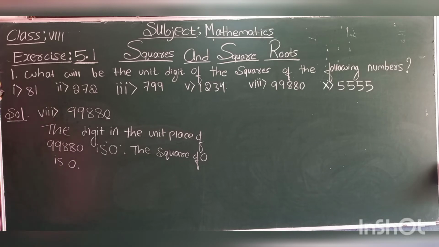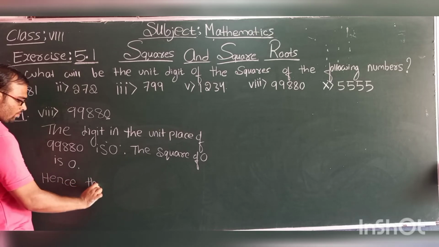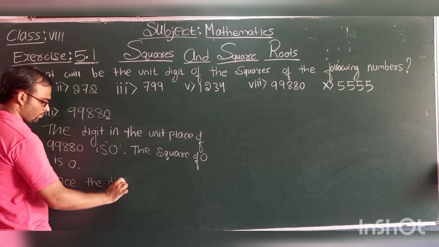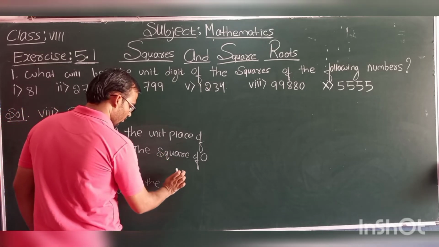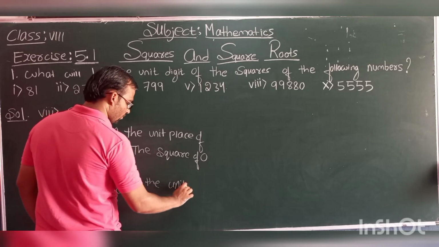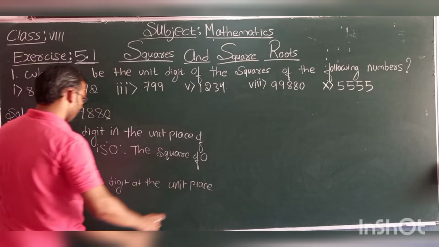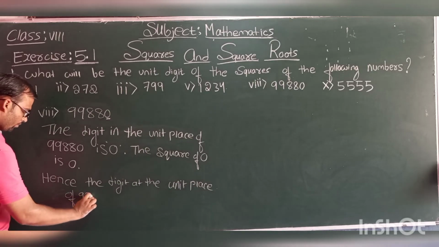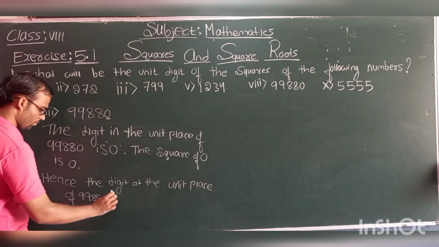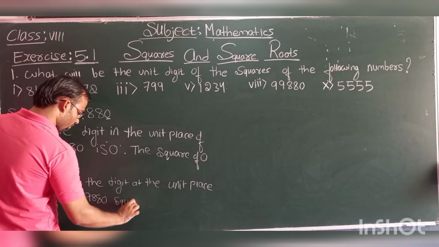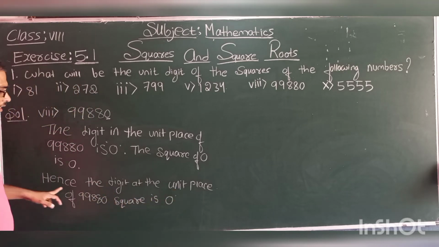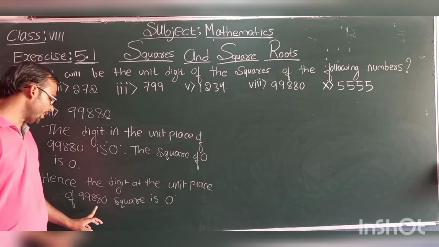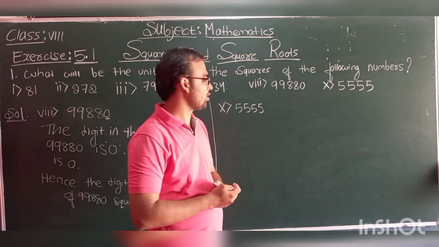The square of 0 is 0. Hence, the digit at the unit place of 99,880 square is 0. Students, now let us solve the 10th question.